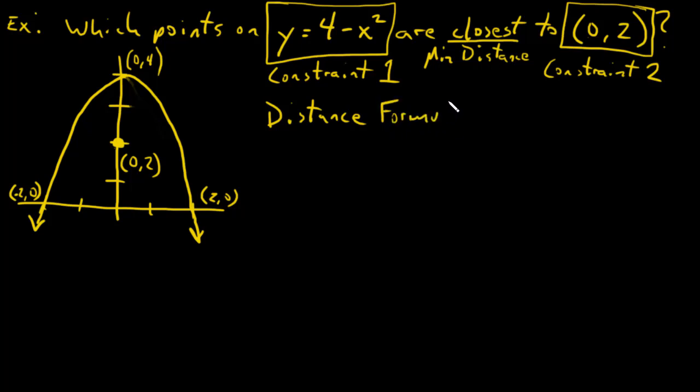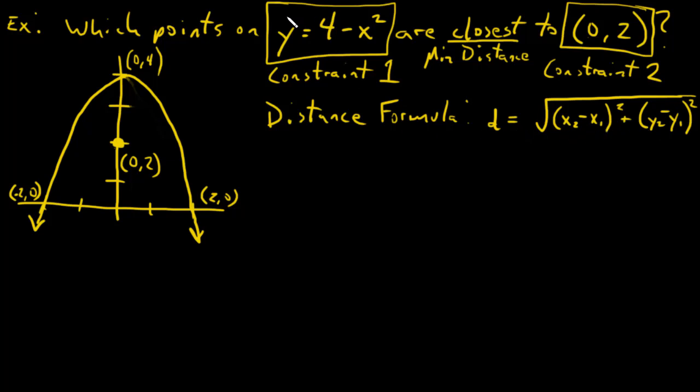We've got d is equal to the square root of (x2 minus x1) squared plus (y2 minus y1) squared. Y'all remember that one? Now, that's my distance formula, and this is my min-max expression right here.